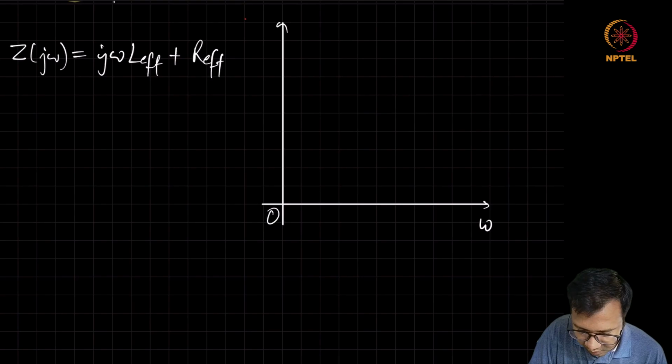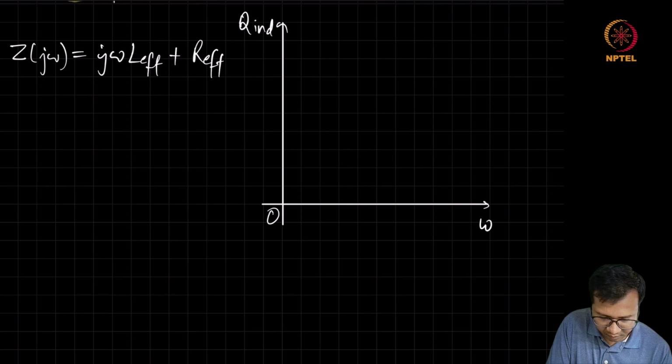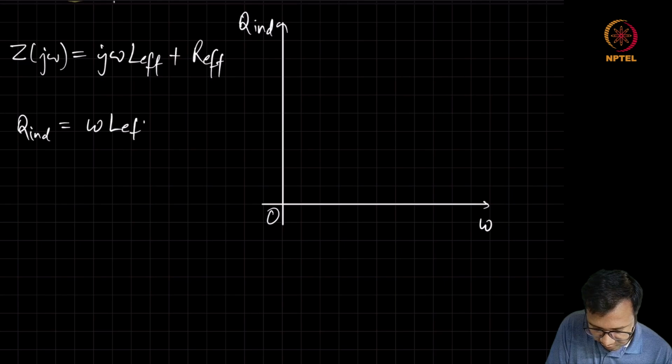We can plot the quality factor of the inductor with frequency, where this Q inductor is defined as omega L effective divided by R effective.